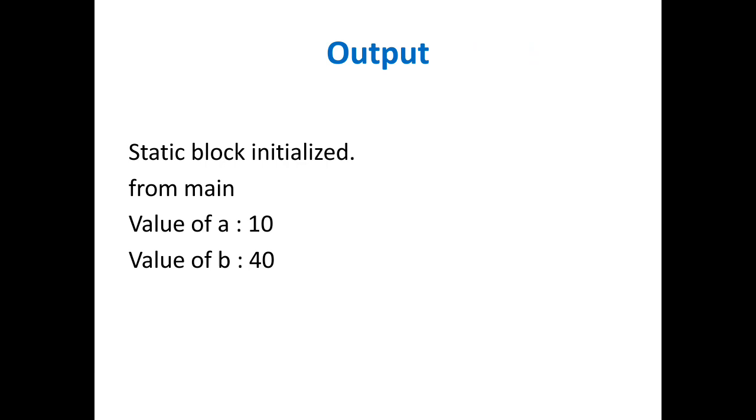So this is the output. The static block initialized line will be printed, and from main will be printed, and value of a 10 will be printed, and value of b 40 will be printed.